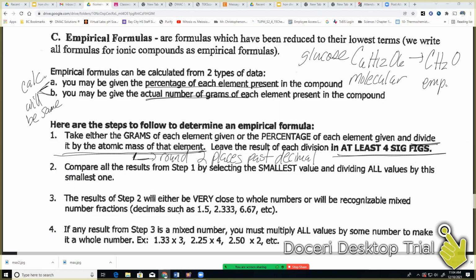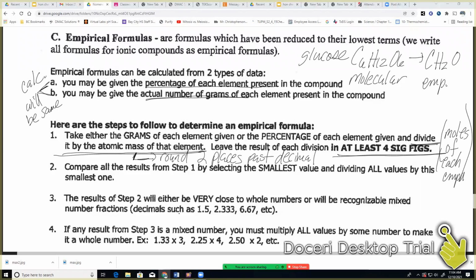So at the first step, when we're doing this process, we're trying to find out how many moles of each element. So that's what we do when we take the mass of how much we have of the element and divide it by its molar mass.